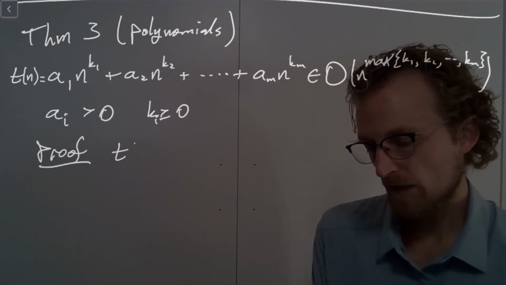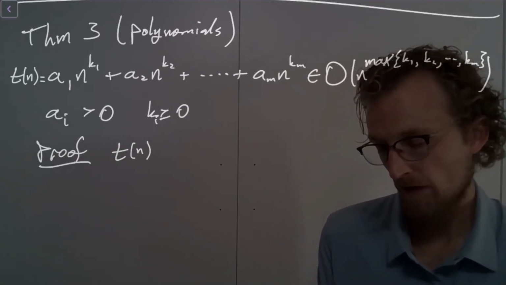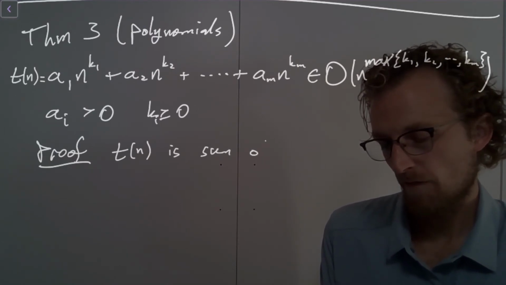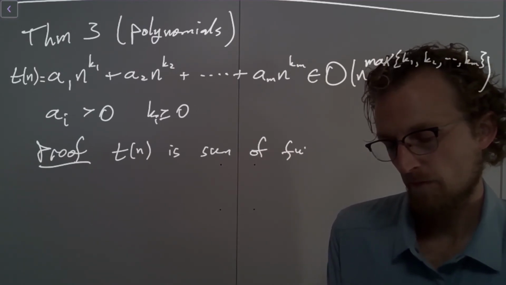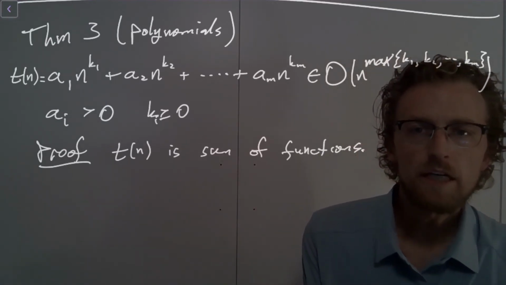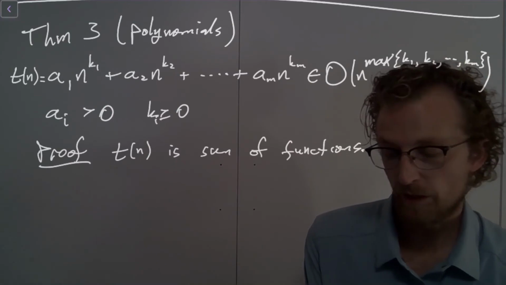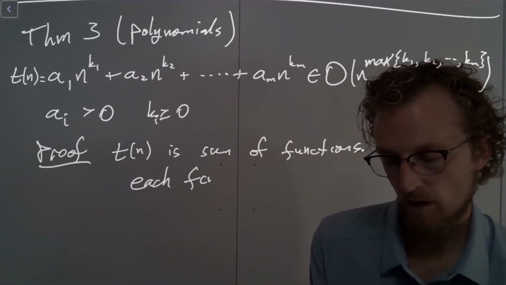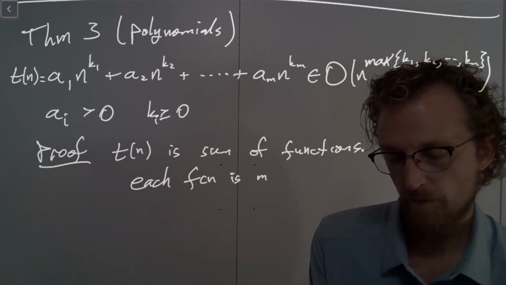Well, T of n is a sum of functions. Each function is a monomial.